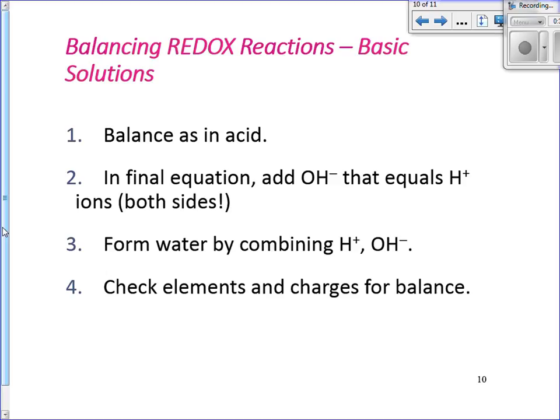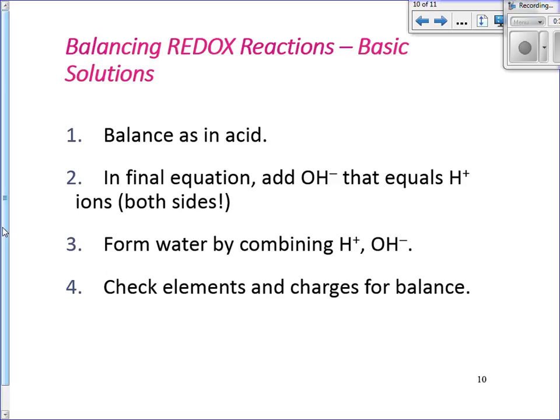At the end, though, after you've completely balanced and merged it and got it to where it's supposed to be if it were an acidic solution, you have to add OHs that equal any of the H's to both sides. So if, say, your reactant side had 8 H pluses, then you would add 8 OHs to both sides. And those OHs will combine with the H pluses on the one side and form waters. And then you have to do some extra canceling. We're going to do an example in just a minute that shows this.